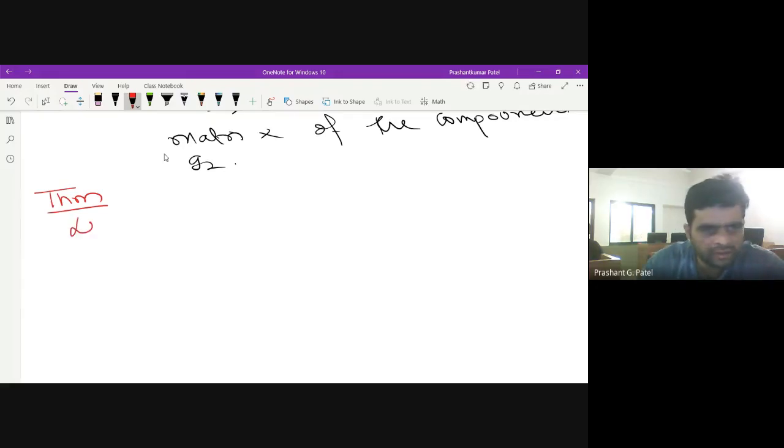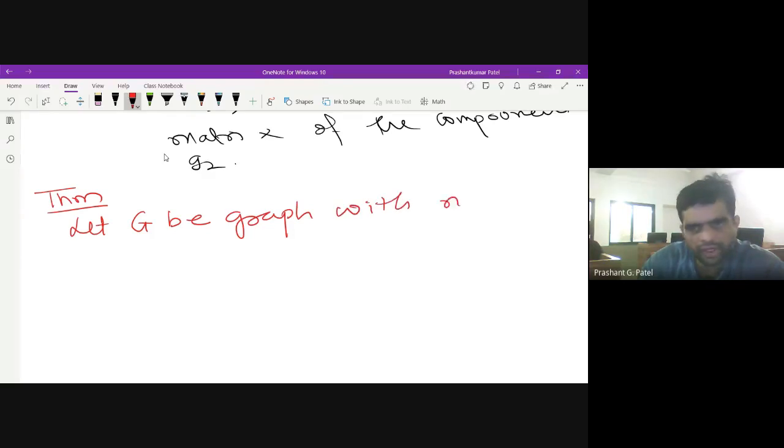Okay, so let G be a graph with n vertices. Let us say that the vertices are v1, v2 up to vn.